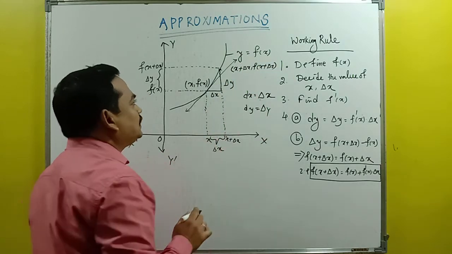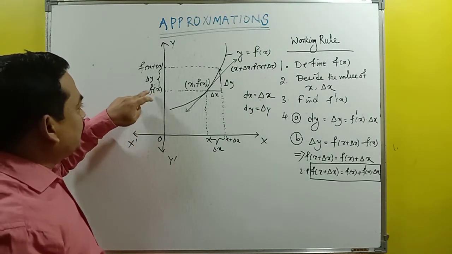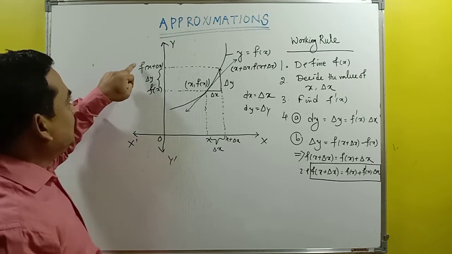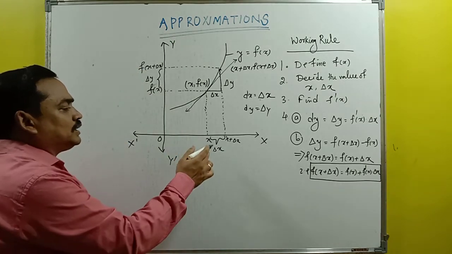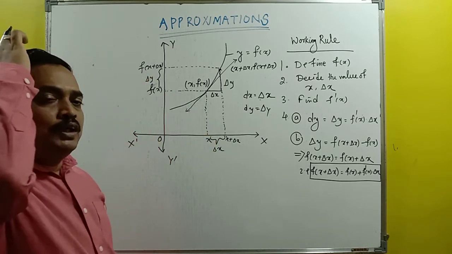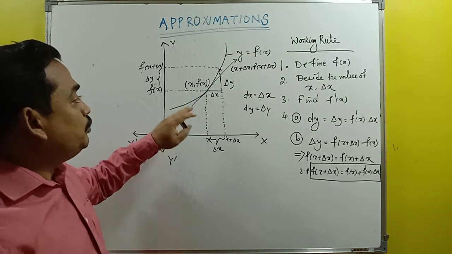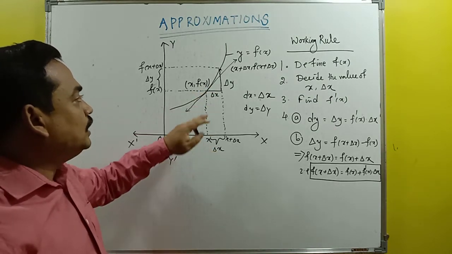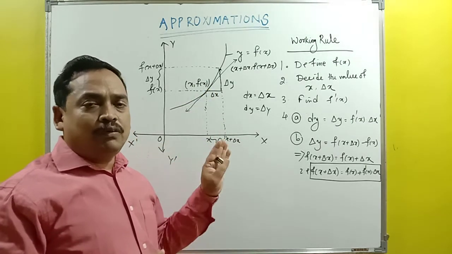And in this case, if you draw the graph, here is f of x, here is f of x plus del x. What are you finding? When there is a slight change in x values, there is a change in y values. This rate of change of y with respect to x, we call the derivative dy by dx.